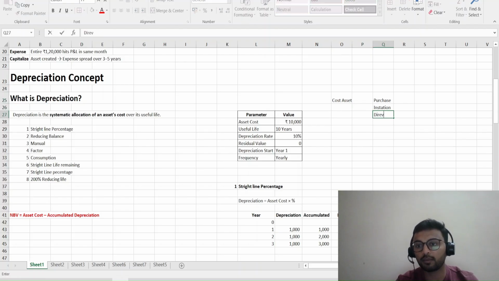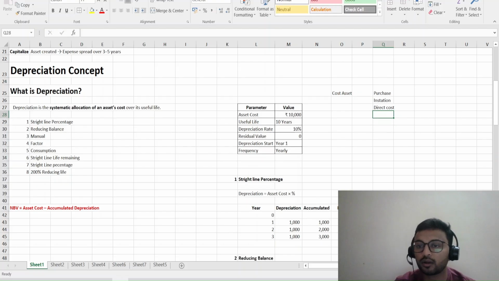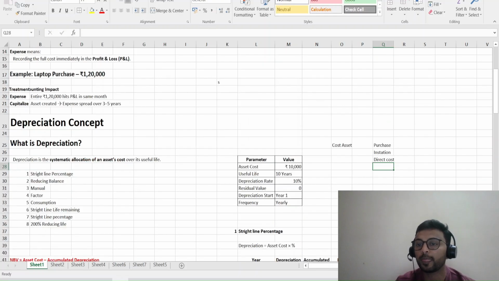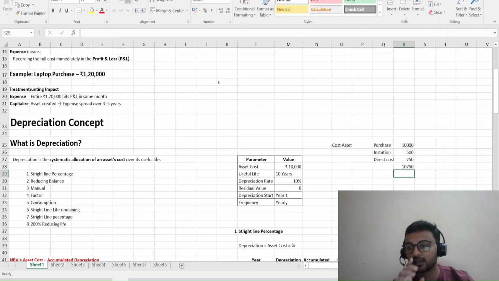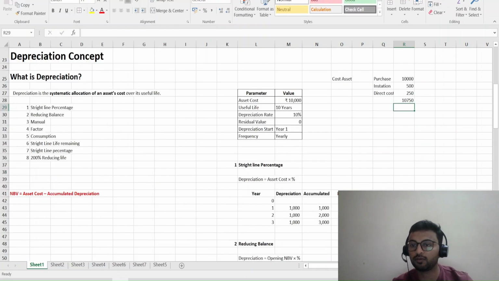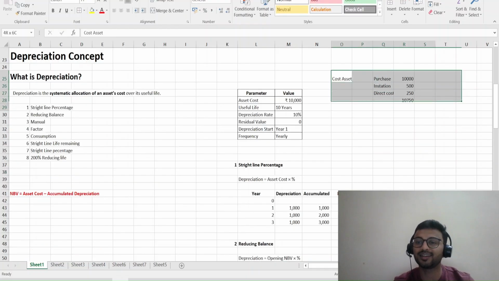So this will include all kinds of direct cost to calculate the cost of the asset. Suppose my cost is 10,000 for this asset, my installation is 500 and my direct cost is 250. So my total cost of this fixed asset is 10,750. Okay, so this is just for understanding.